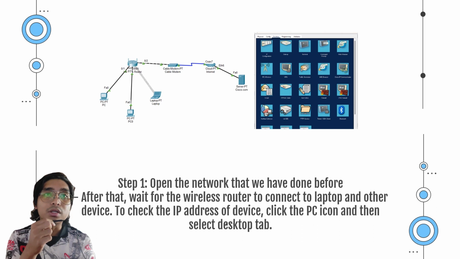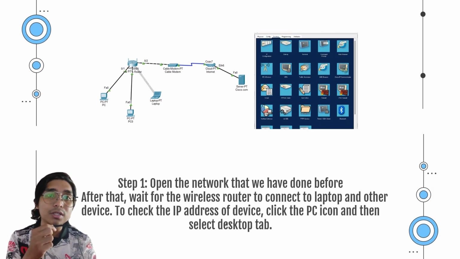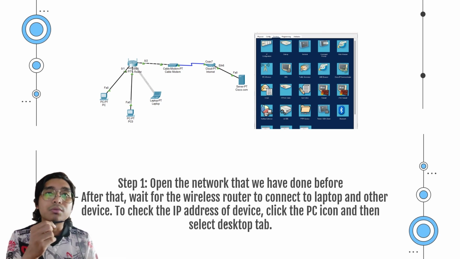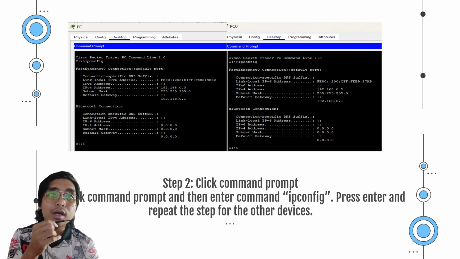Wait for a minute for the wireless router and the PC and the other devices to connect to each other, and then click the tab on the PC icon first. After that, for the second step, we need to click command prompt and then enter the ipconfig command.